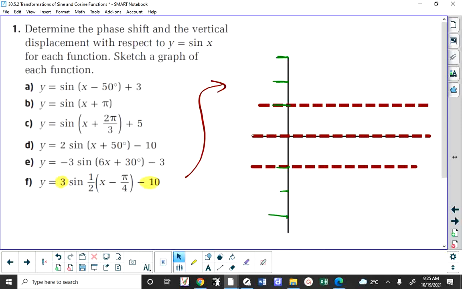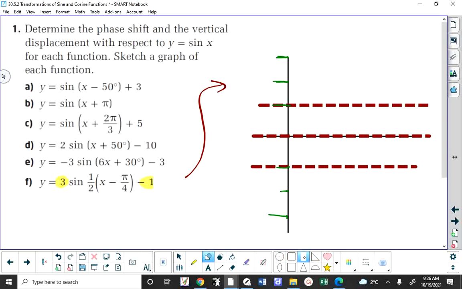Forget about what B and C do. The fact of the matter is, if A is 3, it stretches this thing vertically by a factor of 3, which automatically, and I'm going to have to really adjust this to show you, I'm going to change this, everybody, just for the purposes of my explanation, to -1, okay?